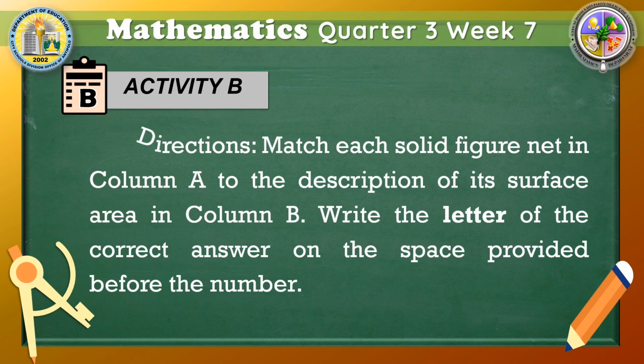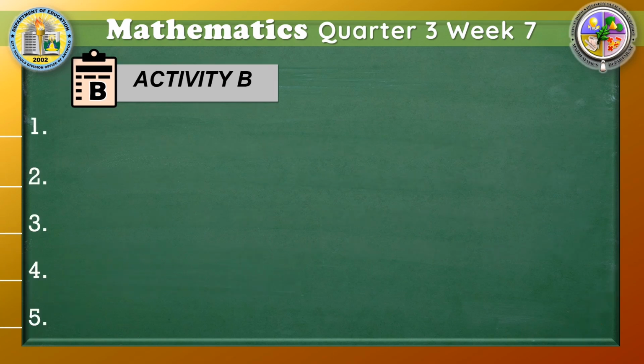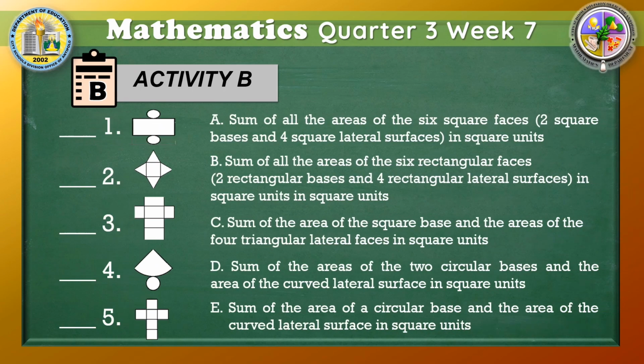Directions: match each solid figure net in column A to the description of its surface area in column B. Write the letter of the correct answer on the space provided before the number. Again, I will answer the first item to serve as your guide.